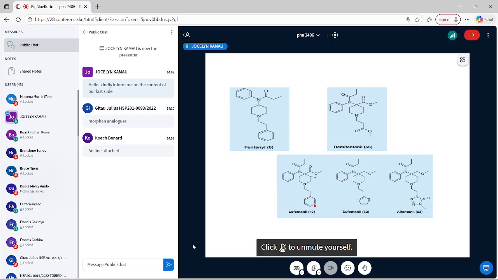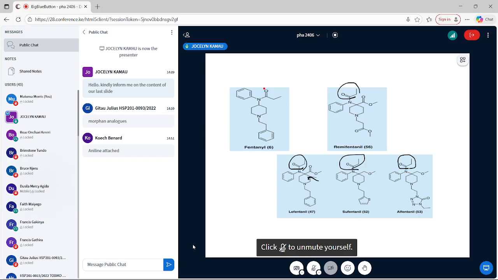Fentanyl, as we did mention, has even a methyl group at that position, making that a chiral center, having a slight influence on the activity of the different configurations. I want us to understand that this group is retained as a constant. The group that is attached to the nitrogen is retained as a constant in all these compounds. It is what we said must be a propionyl group.